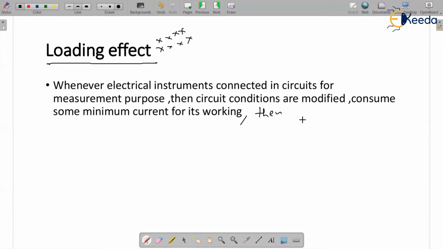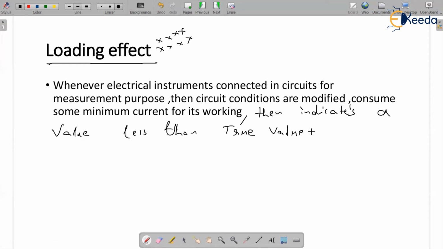Then it indicates a value less than the true value.